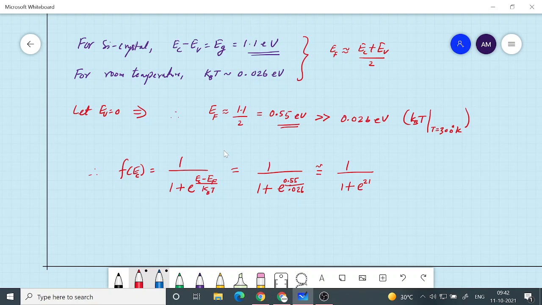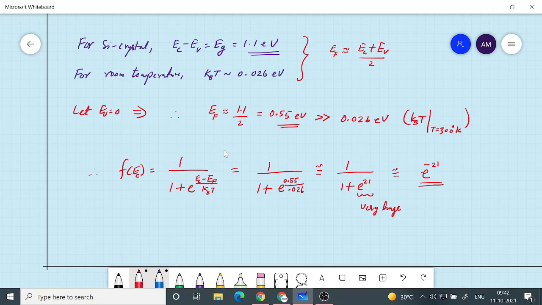And e raised to 21 is a very huge number. And therefore you can easily write it as e raised to minus 21. Why? Because 1 is negligible compared to e raised to 21. 0.55 divided by 0.026 is around 21. So e raised to 21 is one of the terms in the denominator, and the other term you are adding is 1. So you can neglect the 1 compared with e raised to 21.